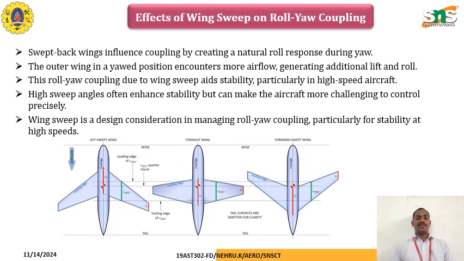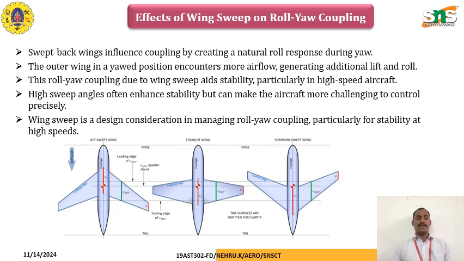Effect of wing sweep on roll yaw coupling. Swept back wings influence coupling by creating a natural roll response during yawing. The outer wing, in a yawed position, encounters more airflow, generating additional lift and additional roll.